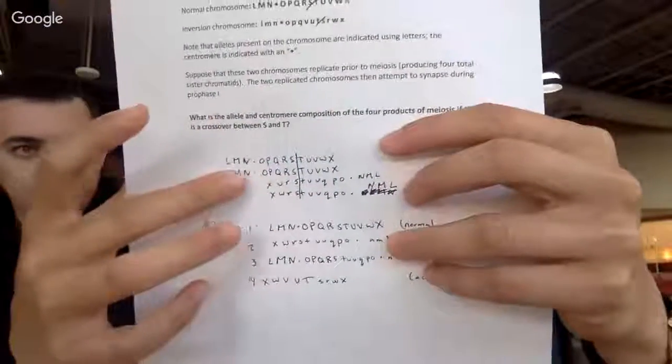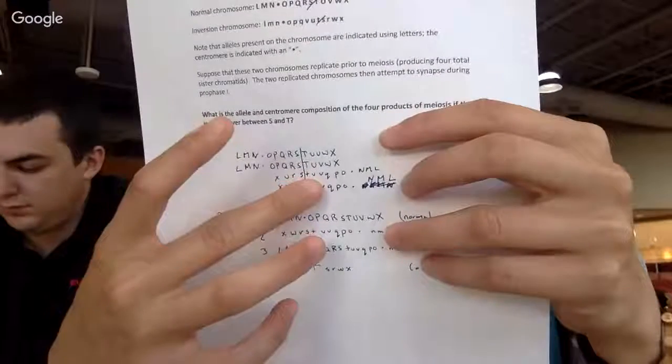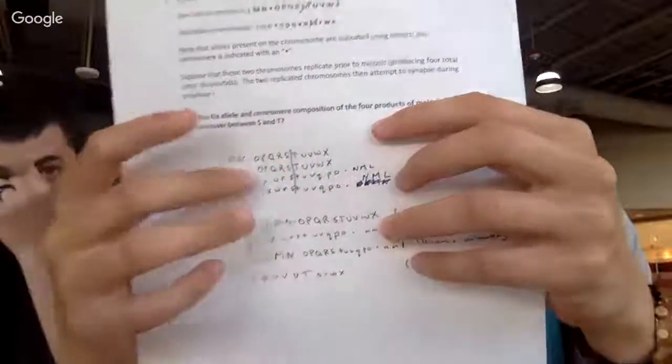So you go LMN, OP, QRS. You go to your recessive, TUV, QPO, NML. And you have 2 centromeres on that one. And it's dicentric because it has 2 centromeres, and it's unhealthy.